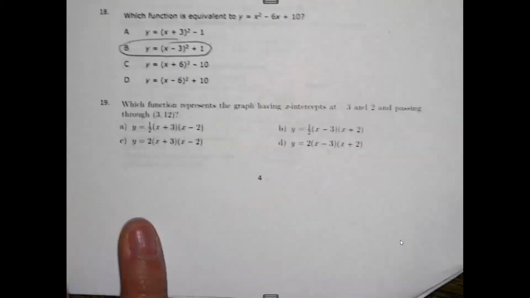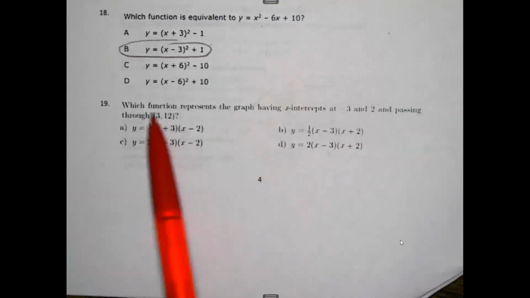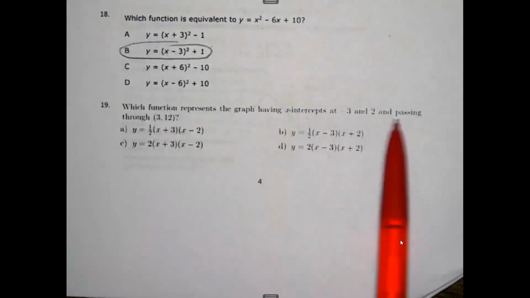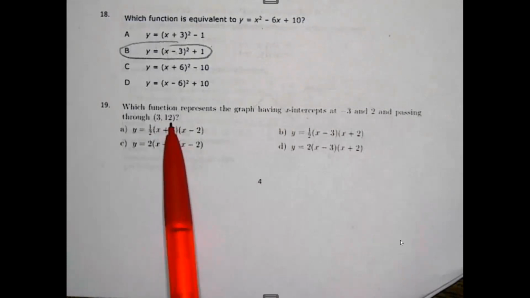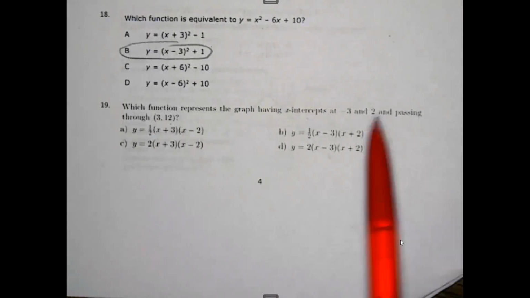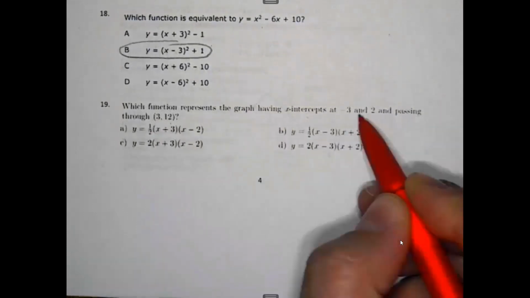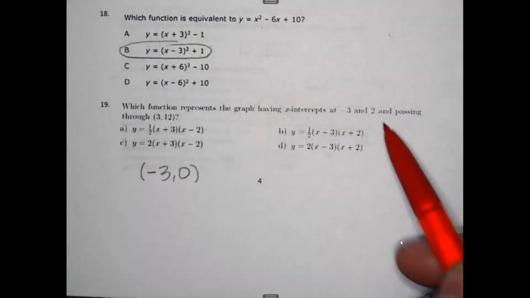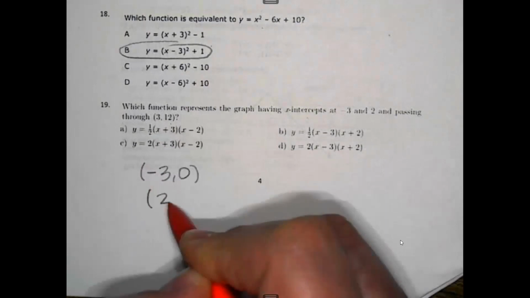Here's another cool thing that Desmos can do. It says, which function represents the graph that has x-intercepts at -3 and 2 and passes through the point (3, 12)? One cool thing about Desmos is you can graph an individual point. If we want to graph an x-intercept of -3, that's the point (-3, 0). If we want to graph an x-intercept of 2, that's the point (2, 0).